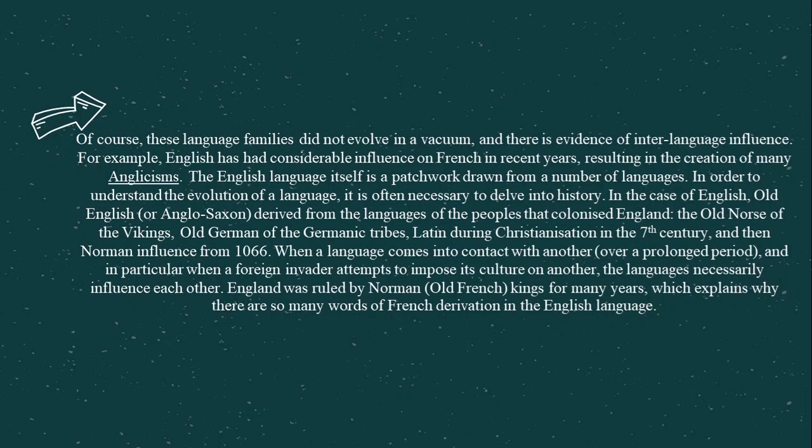Of course, these language families did not evolve in a vacuum, and there is evidence of interlanguage influence. For example, English has had considerable influence on French in recent years, resulting in the creation of many equivoques. The English language itself is a patchwork drawn from a number of languages.